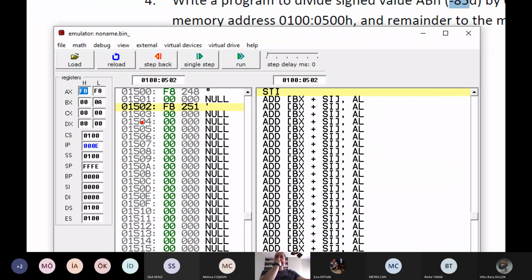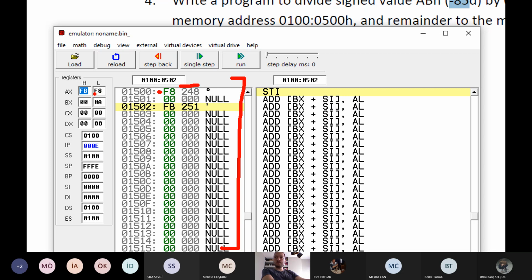I want you to be careful. F8. This is the hexadecimal version. This is the decimal version. Decimal version is 248. It didn't give us the -8 because this memory part only shows the unsigned version of this hexadecimal part.